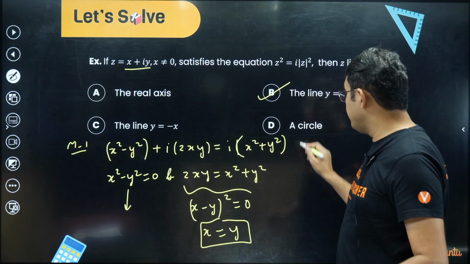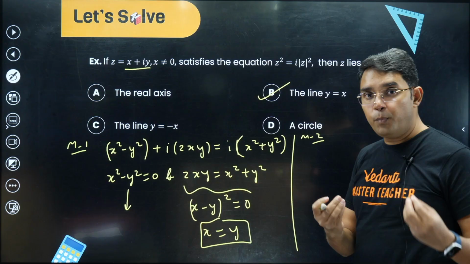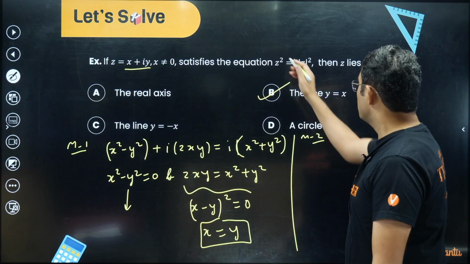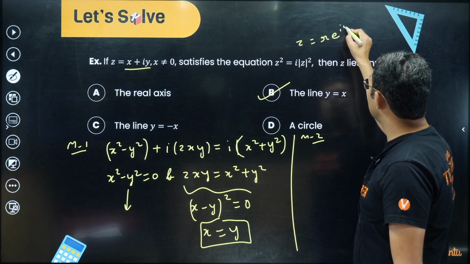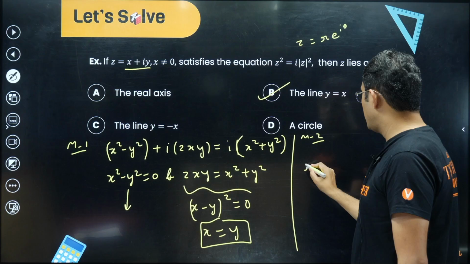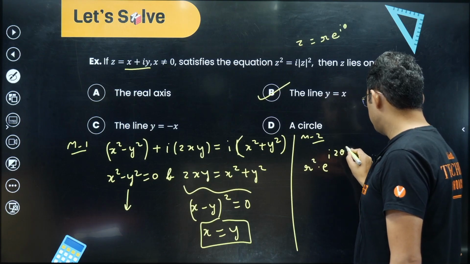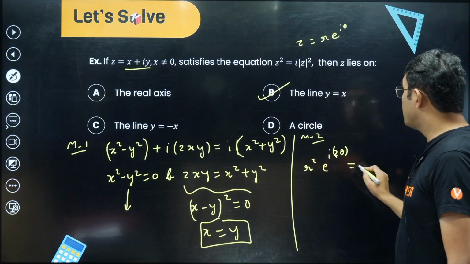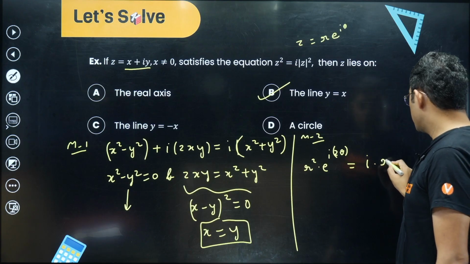Now the second method, as I was talking about: if you take your complex number in polar form, or Euler form actually, so if I take z as r into e power iota theta, z square will be equal to r square into e power iota 2 theta, and that will be equal to iota into r square.